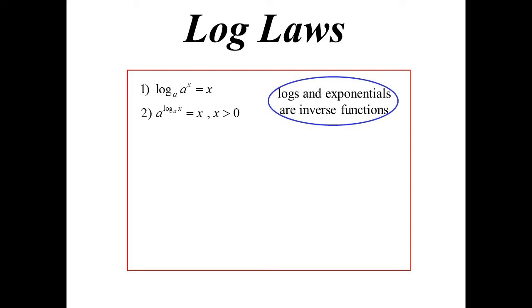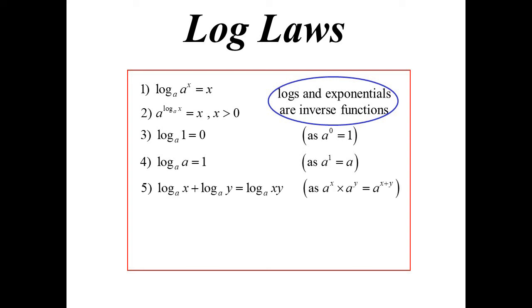You've got a log of an exponential in the first one, and in the second one an exponential of a log. Log 1 is equal to 0. That basically comes from the index law, a to the power of 0 equals 1, so it's the inverse of that rule. Log a base a is equal to 1 because we know with indices a to the power of 1 is always a.